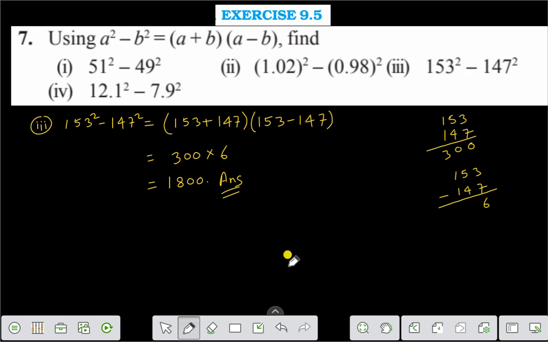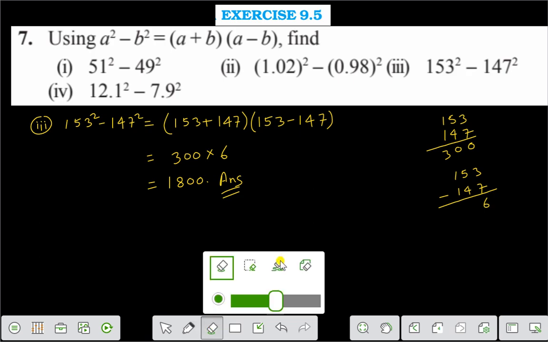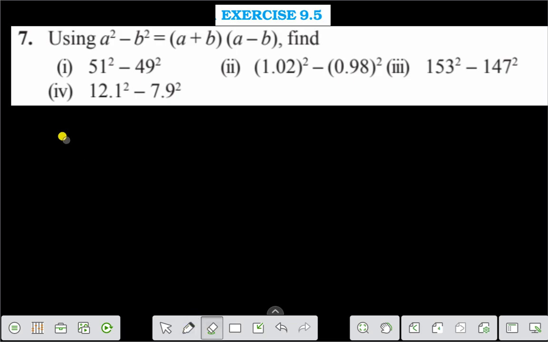Now let's solve question number 4. Question number 4 here is 12.1 whole square minus 7.9 whole square. We will use this identity, a square minus b square equals a plus b into a minus b.